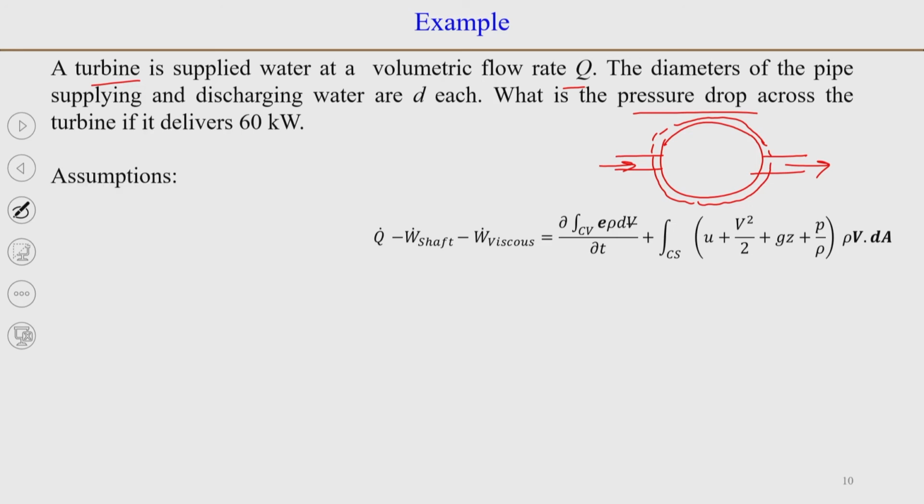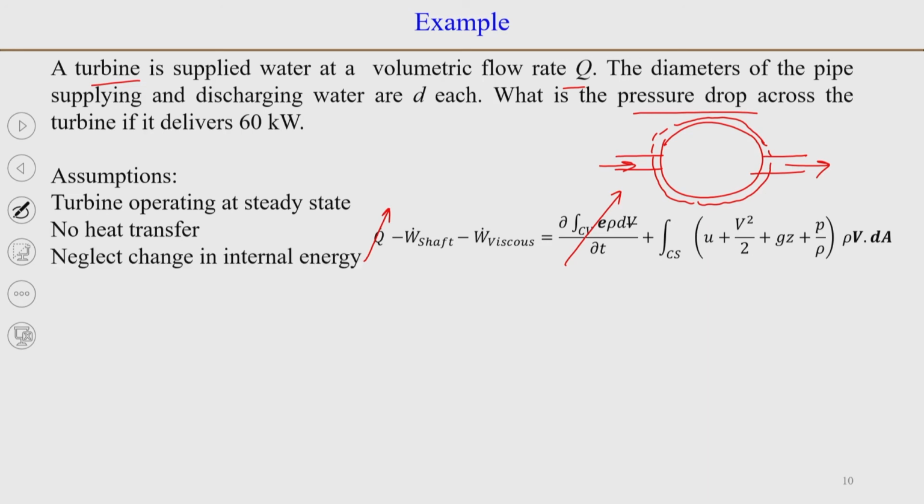So, first let us list down the assumptions. We assume that the turbine operates at steady state, so the unsteady term will become 0. Then we also assume that there is no heat transfer in the system, so Q dot is equal to 0.